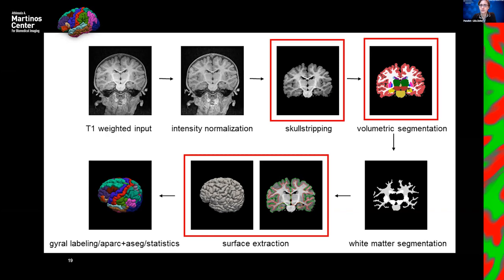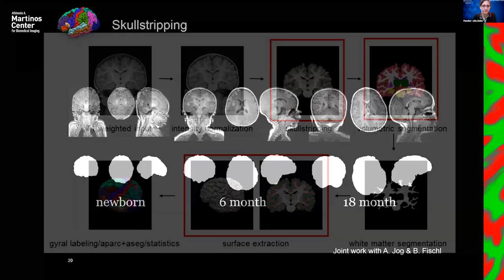When this is done, we extract the full entity of the white matter, because we are going to use that in order to initiate our white matter and pial surface extractions, which is going to be very useful because we'll be able to compute quantities such as cortical thickness, curvature measurements, useful biomarkers for normal development or disease processes. And the last step is further segmentation of these cortical surfaces.